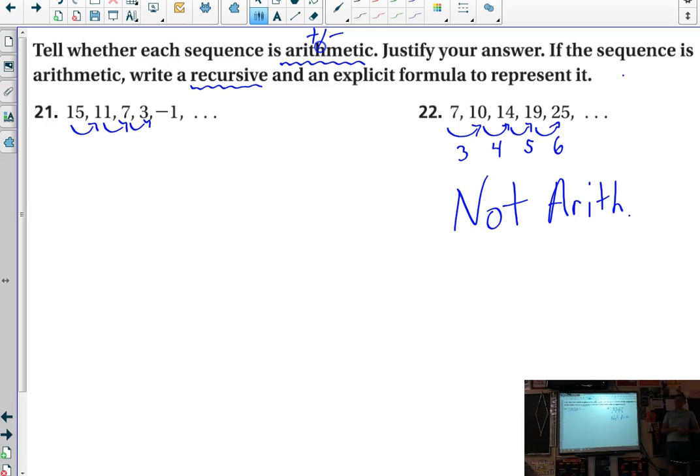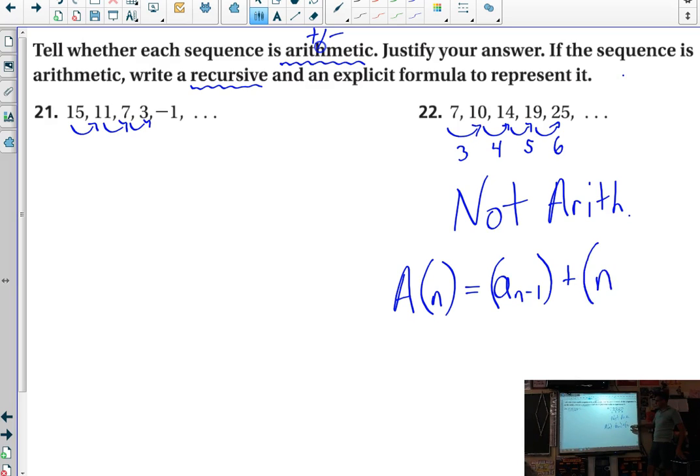For fun, if I want to say the value at term n will be the previous term, we would say a sub n minus 1, that's how you say the previous term, plus n, the number of the term.